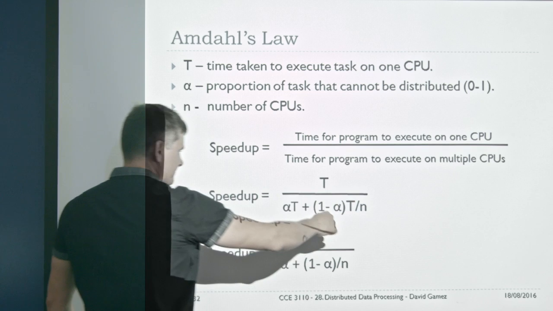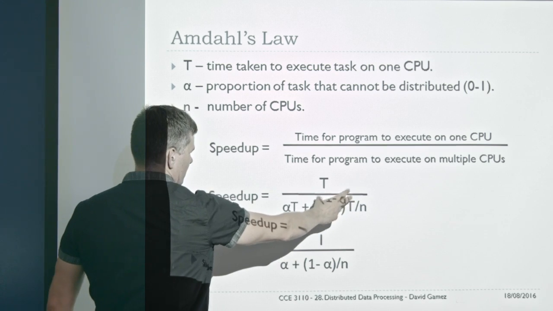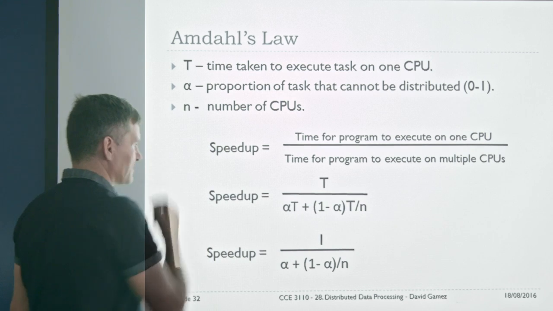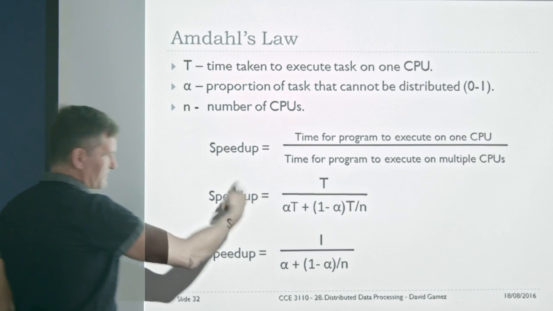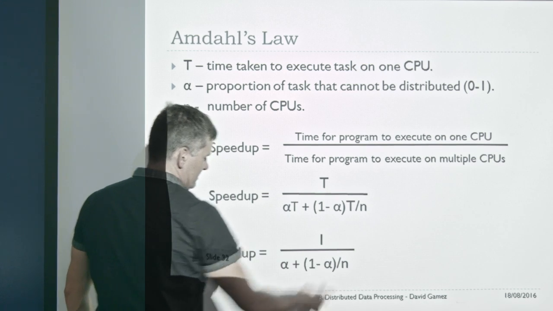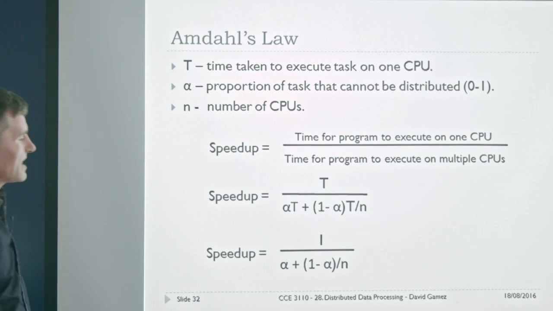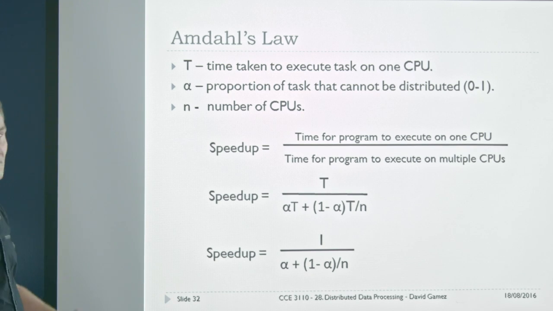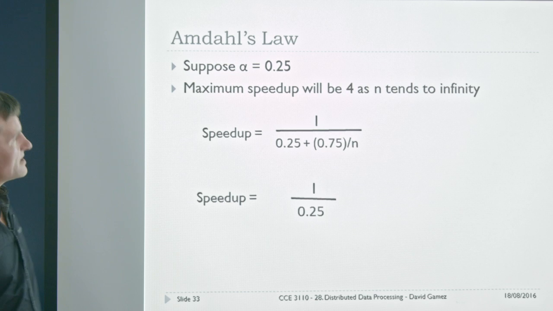That's the time taken for the parallelizable bit to be executed, divided by n, the number of processors that we've got to execute it. So if you factor it out, you get 1 over alpha plus (1 minus alpha) over n. That's Amdahl's law, the speed up that you get by running a task on multiple CPUs instead of one CPU. So let's take a little example.